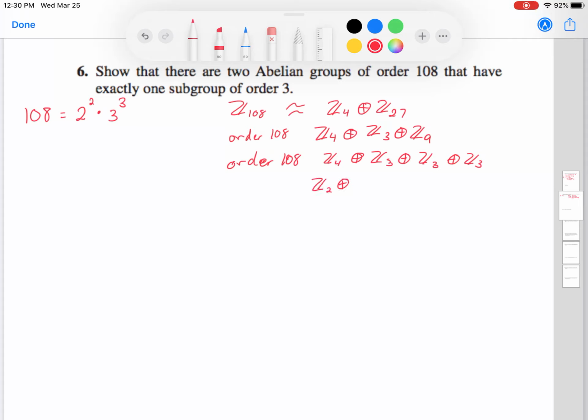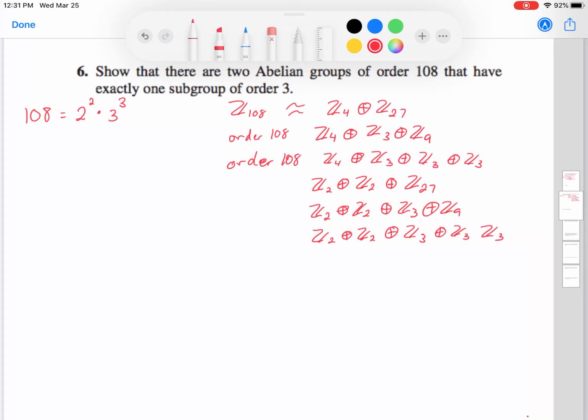We also would have Z2 external direct product Z2 external direct product Z27, Z2, Z2, Z3, Z9, or Z2, Z2, Z3, Z3, and Z3. All of these are order 108.